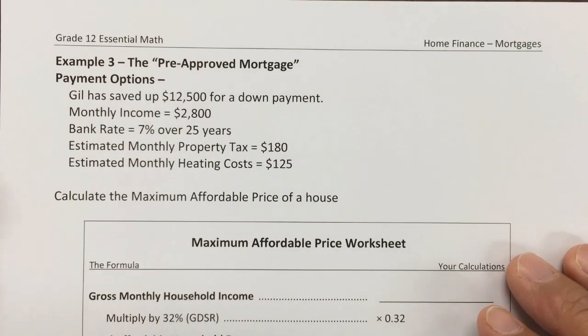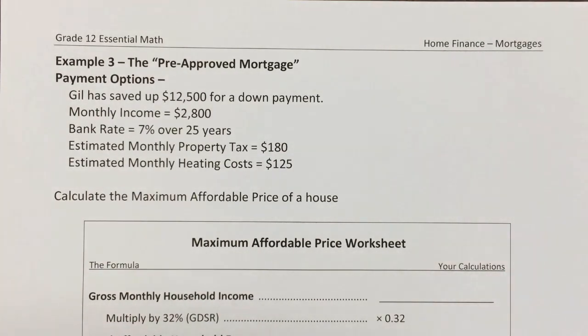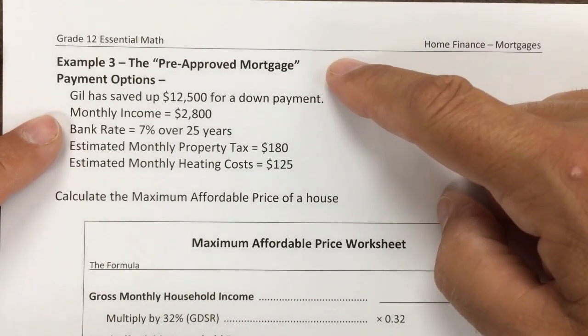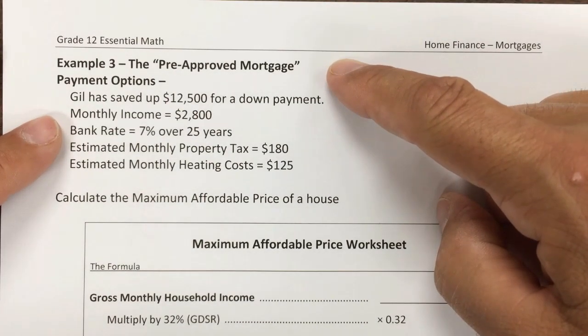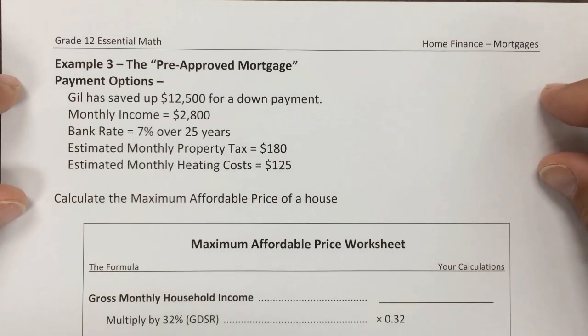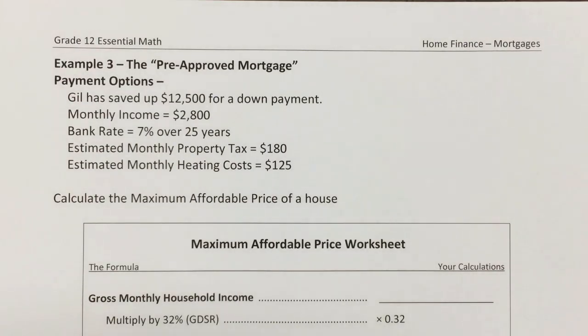Hi and welcome back. Hopefully you've had a chance to work through the first 3 questions of assignment number 2, the ones that dealt with the gross debt service ratio. Now we're going to move ahead to example number 3, this idea of the pre-approved mortgage. There are times when you might want to talk to somebody at a financial institution and see, what can I afford?